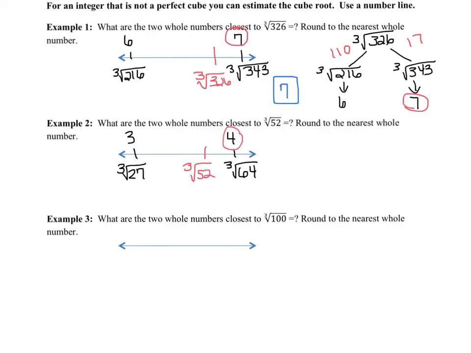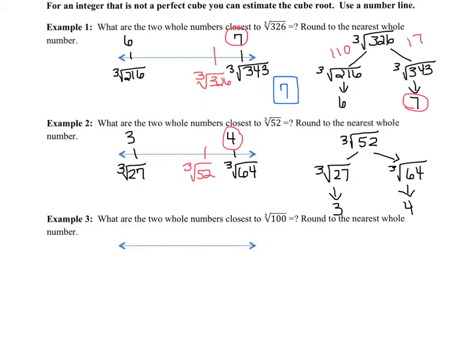So that's the number line. If you want to do the tree, the cube root of 52, break it up. The perfect cube before is 27, which gives us 3. The perfect cube after is the cube root of 64, which gives us 4.